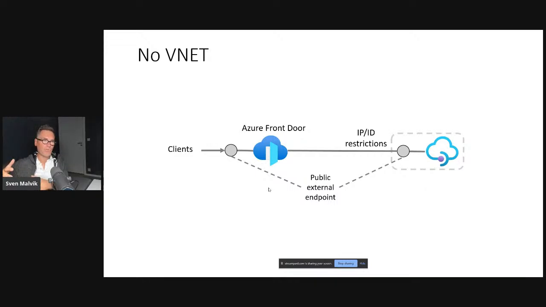That way you can have an open API management instance, but only accessible from one specific Azure service, like this Azure Front Door.